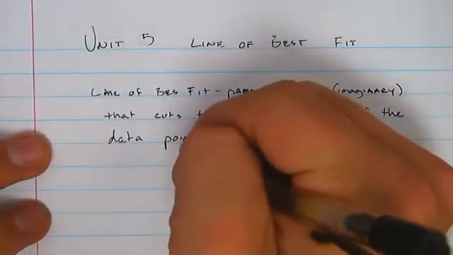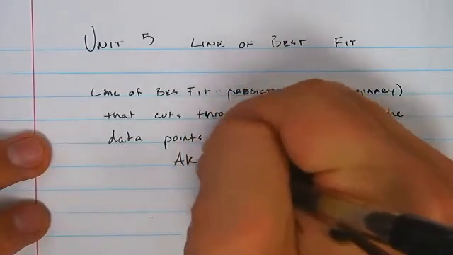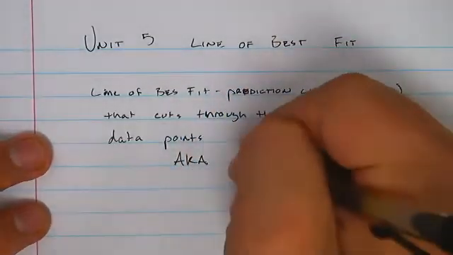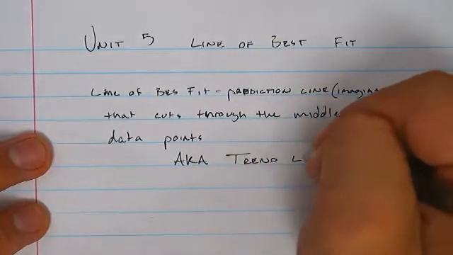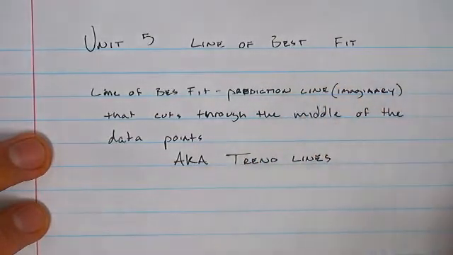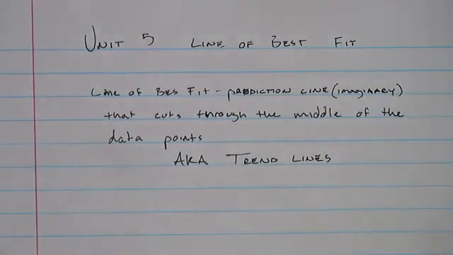Now it's also called, okay, so AKA, it is a trend line, and you can look back on the previous video and reference me talking about the trend of the data. Well, this is an actual line that's going to describe that trend, right? And it's going to allow us to come up with the linear equation, okay?